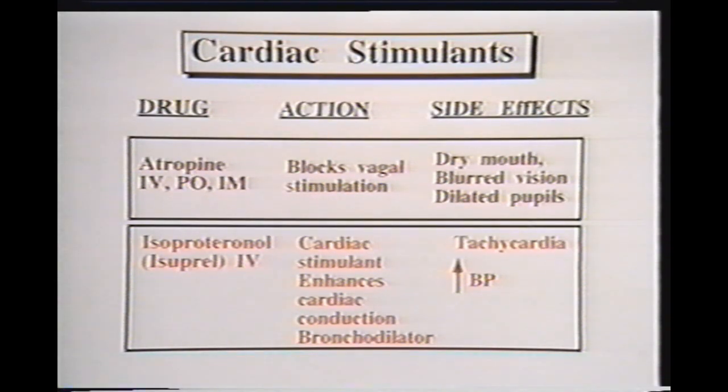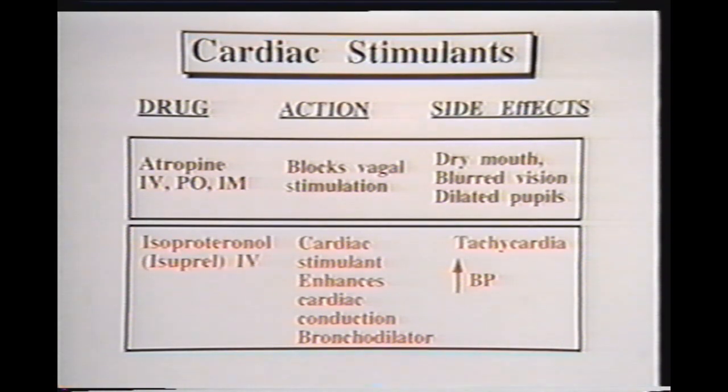And atropine is actually an anticholinergic drug that blocks the vagal stimulation. So it blocks the brake, if you will, on the heart rate. And the ultimate result then is that it increases the heart rate. It causes as side effects, of course, dry mouth and blurred vision, and sometimes also dilated pupils.